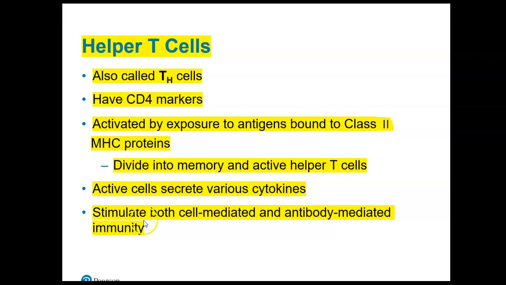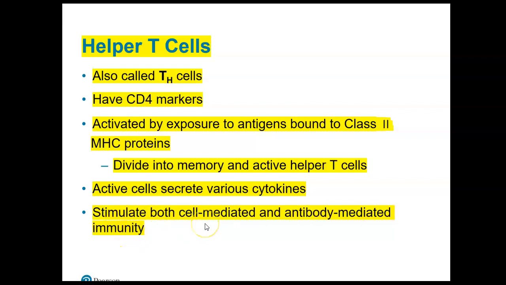And then helper T cells, and this is where it really comes in how important and how necessary they are to immunity. Helper T cells stimulate both cell-mediated and antibody-mediated immunity.